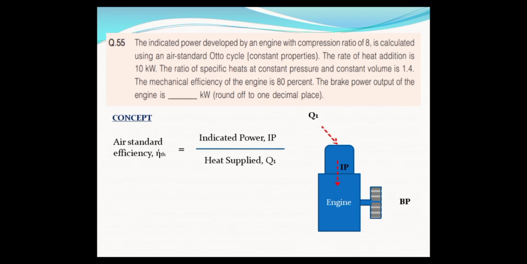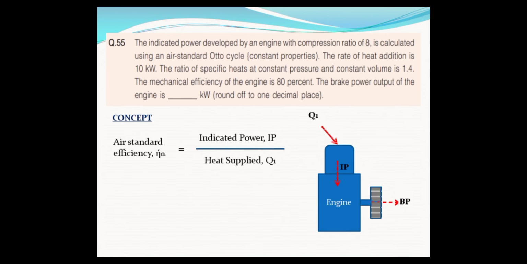Then this indicated power is supplied to the output shaft. That output shaft is driving the flywheel which is revolving. This power is known as brake power. So this is the brake power. The right side arrow mark is indicating that is shaft power. So this brake power is the final output from the engine.